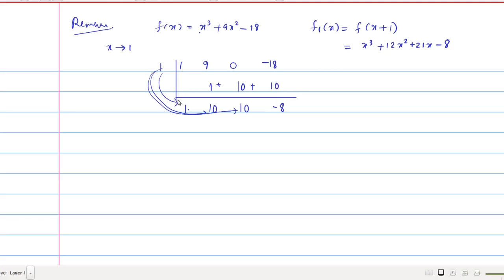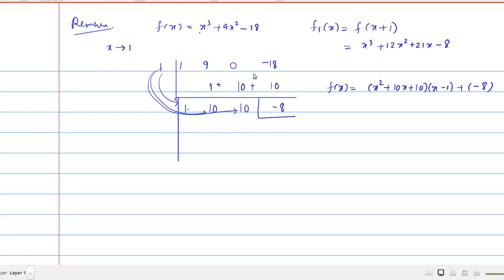Okay, so this is the remainder when we divide this polynomial by x minus 1, and this is the corresponding quotient. So the meaning of this is that f of x can be written as (x square plus 10x plus 10) into (x minus 1) plus minus 8. This is the idea of dividing these two polynomials.